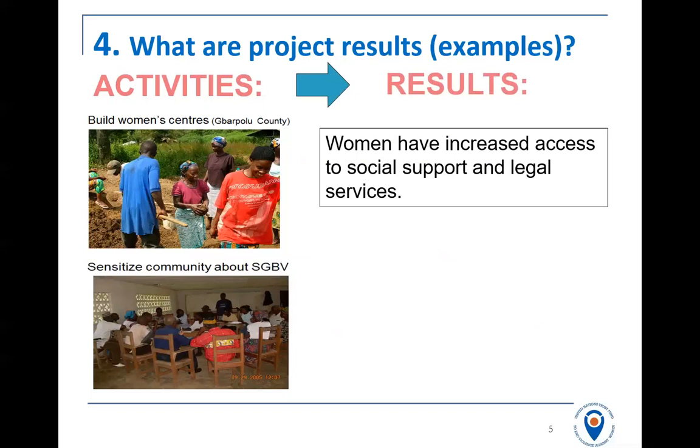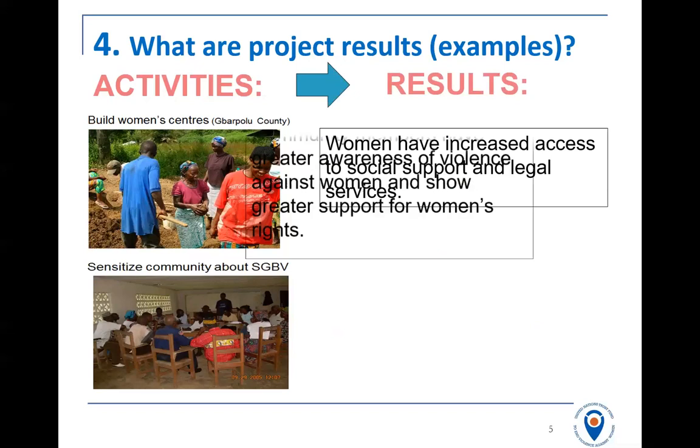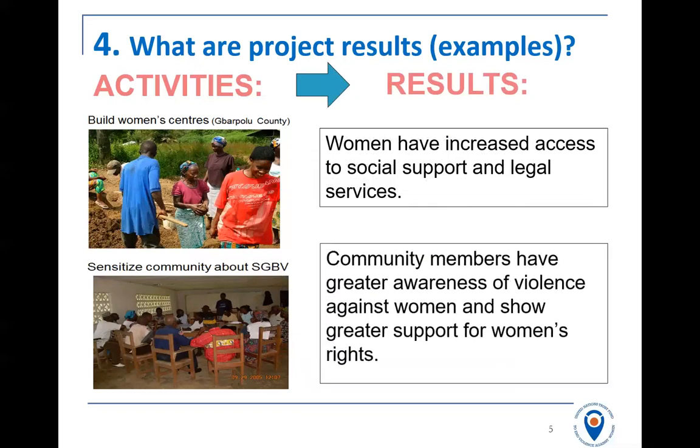But the actual moment that you're sensitizing them and training them, you can't be sure that any change, positive change, will happen. The actual change will come later when you go and ask them, well, how do you feel about the training that I've given you? And that's the result, that potentially community members have greater awareness about violence against women, and they may go on to show greater support for women's rights.